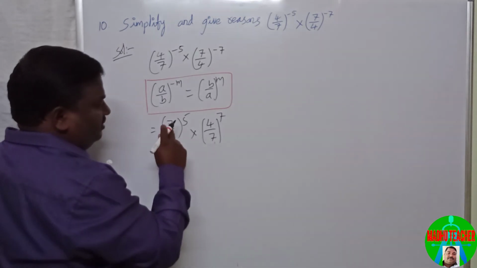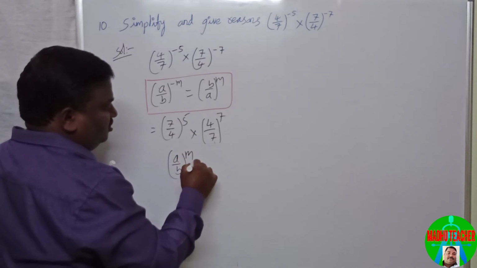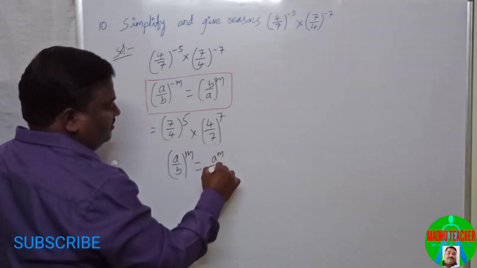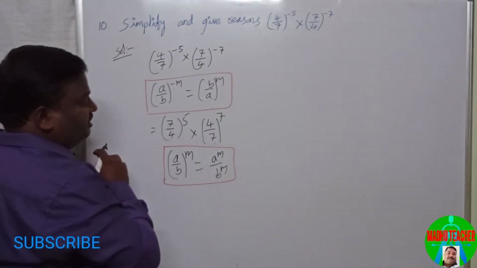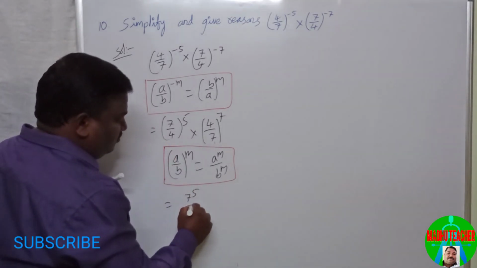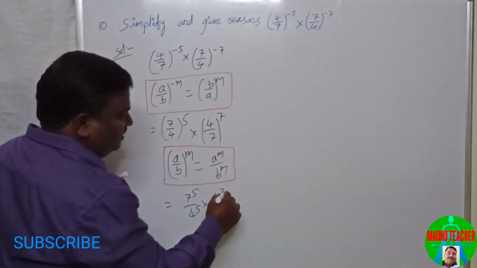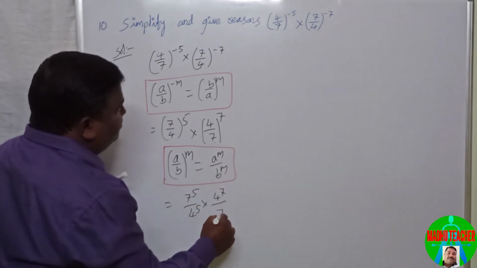So here these two are in the form of a by b whole to the power of m equal to a to the power of m by b to the power of m. By using this formula, you can write 7 to the power of 5 by 4 to the power of 5 into 4 to the power of 7 by 7 to the power of 7.